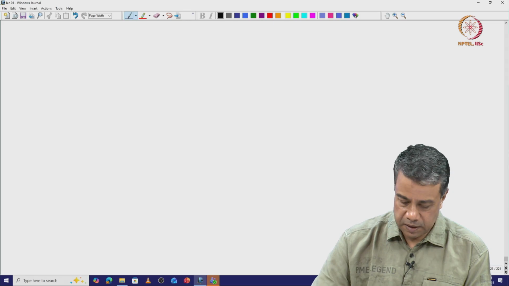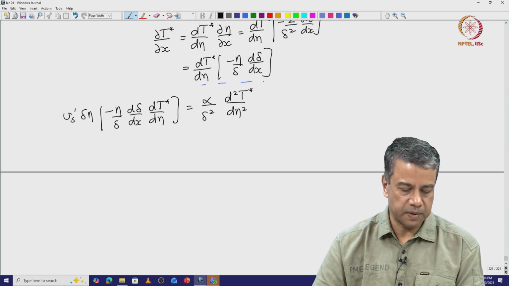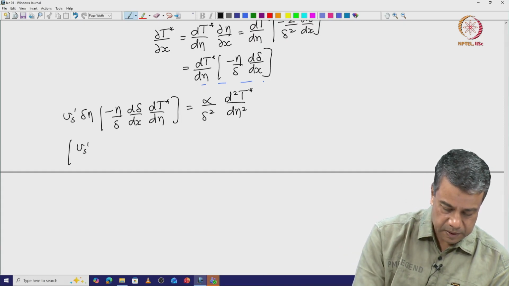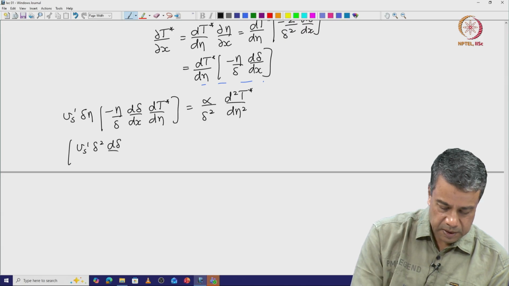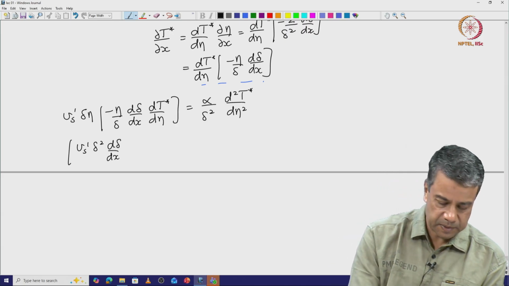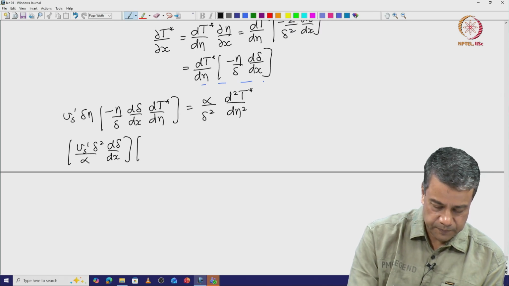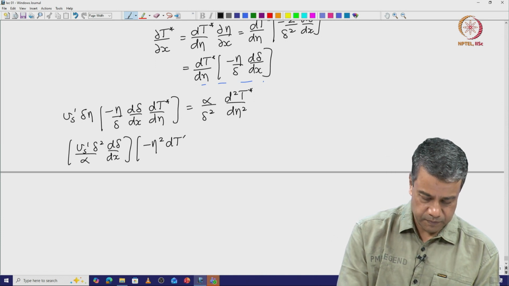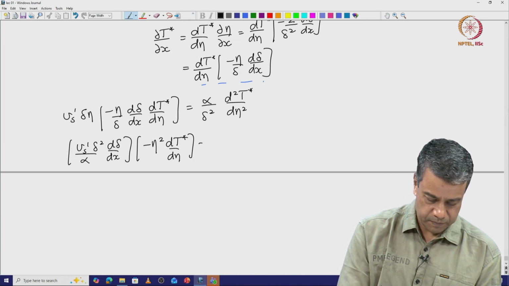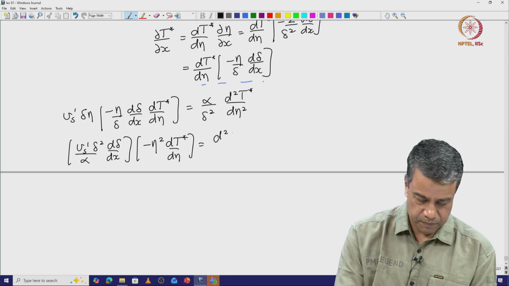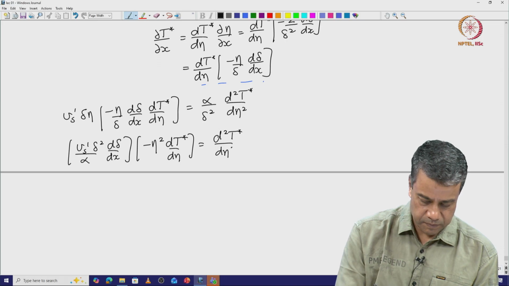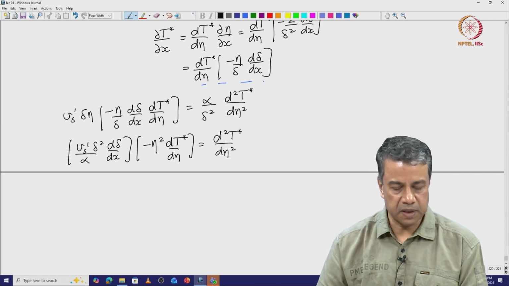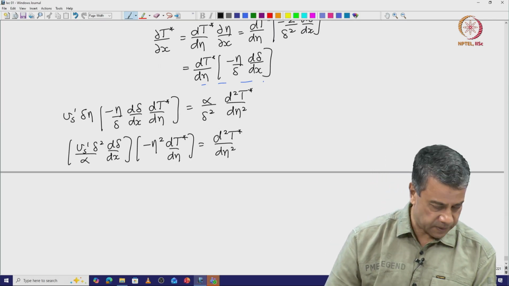Multiplying throughout by delta square by alpha, we will get Vs prime delta square by alpha into d delta by dx, just cross multiplying the equation throughout by delta square by alpha.